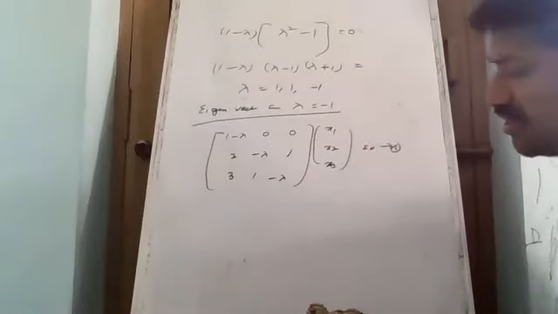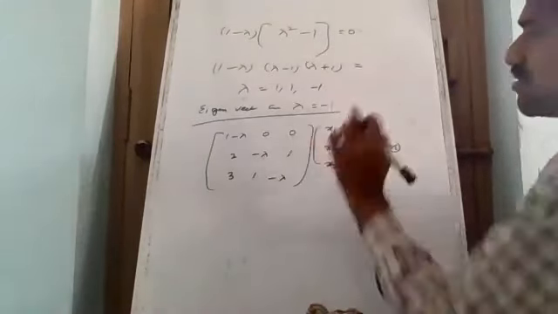In this, we take lambda is equal to minus 1. So 1 minus of minus 1 is equal to plus 1, giving [2 0 0; 2 1 1; 3 1 1].